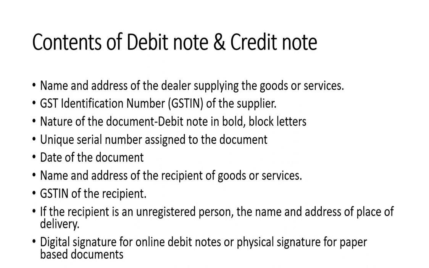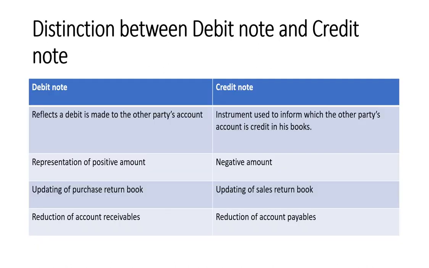Then the name and address of the recipient of the goods or services to whom the goods are supplied. Then even the GSTIN of the recipient should also be mentioned. This is in case of a registered recipient. If the recipient is an unregistered person, the name and address and the place of the delivery should be mentioned clearly. And it must carry a digital signature for an online debit note, and a signature for physical, paper-based documents.